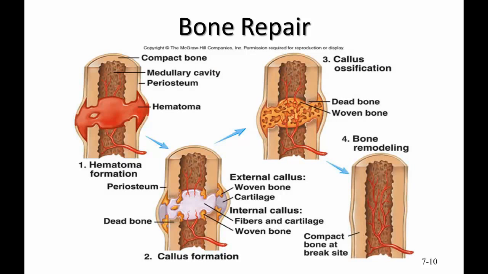And after bone remodeling, it's many times hard to tell that there actually was any type of a fracture, provided that fracture was set properly. And again, everyone heals a bit different, so there might still be a slight bump there. Sometimes you can still tell on X-ray, but most of the time, again, if the fracture is set appropriately, the bone will be remodeled almost like new again.